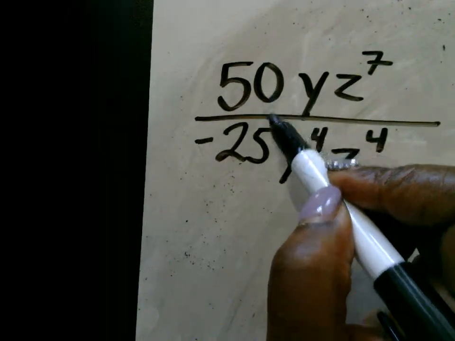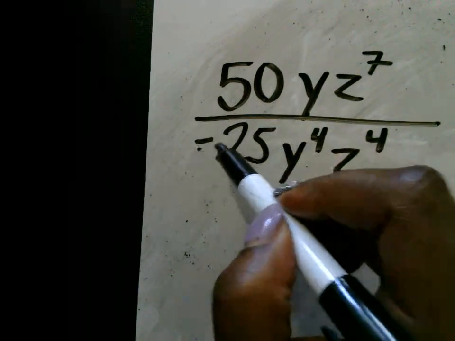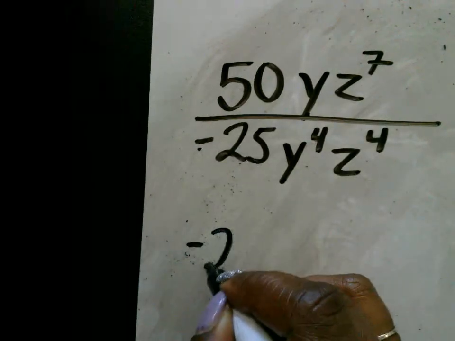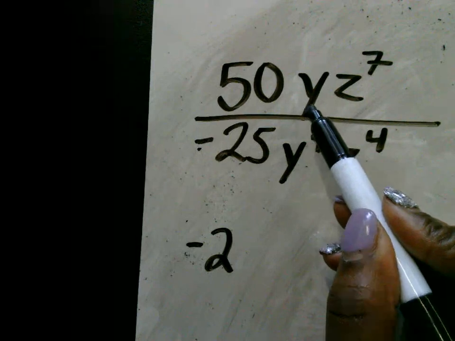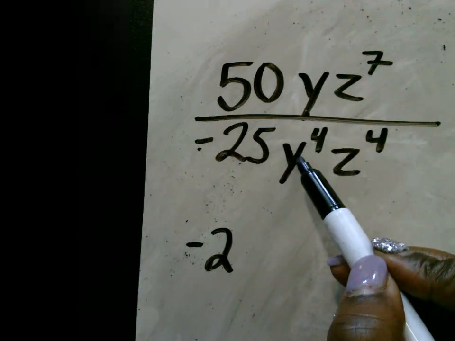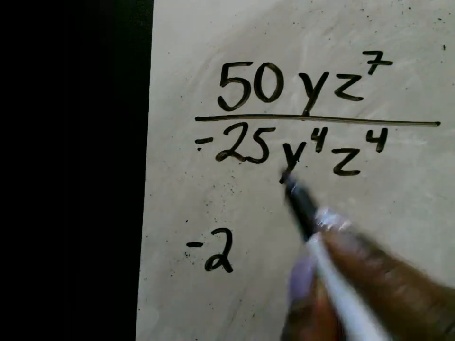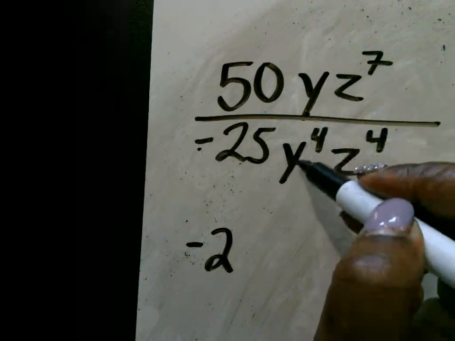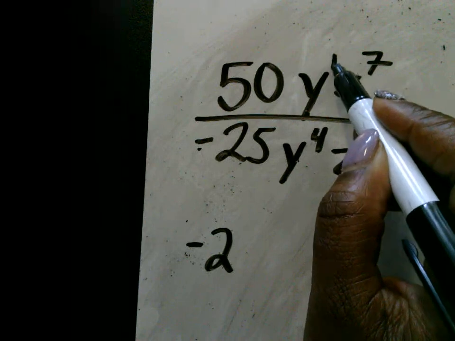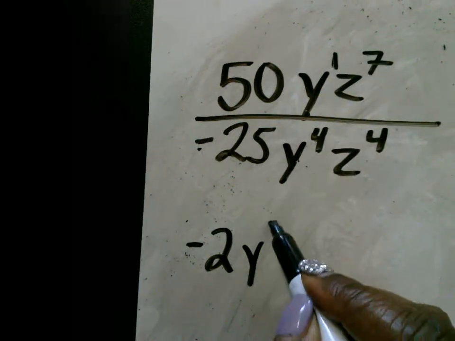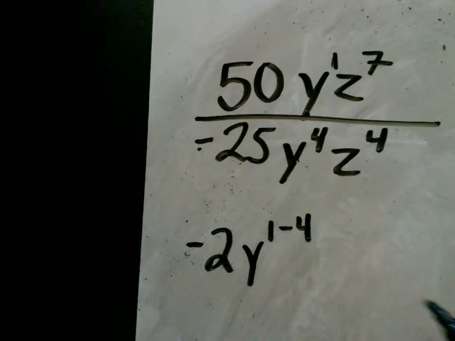You got this part correct. 50 divided by a -25 is -2. So you see how you got Y on the top and Y on the bottom? Okay. So you're going to subtract the exponents because they have like bases. The exponent here, if you don't see it, is automatically 1. So it's top exponent minus bottom exponent.